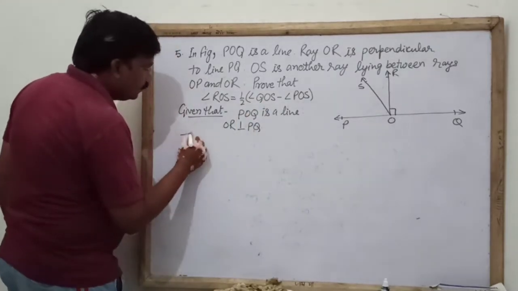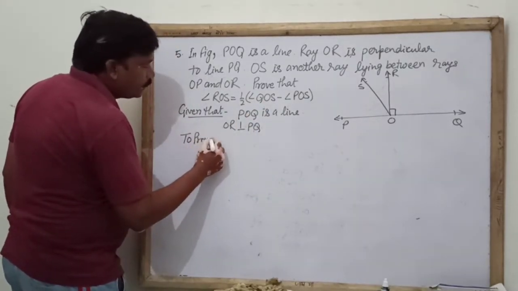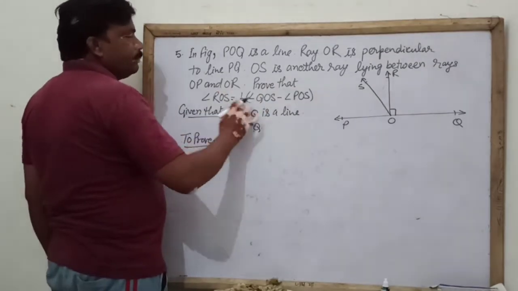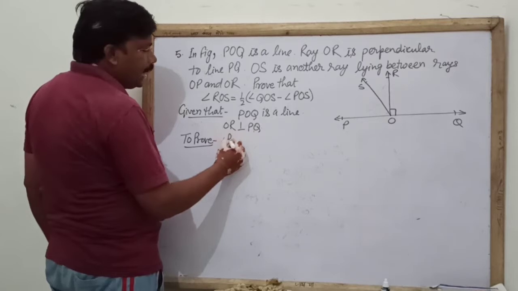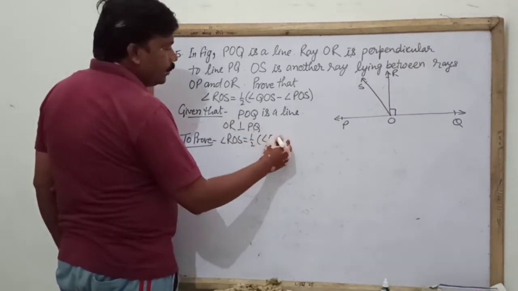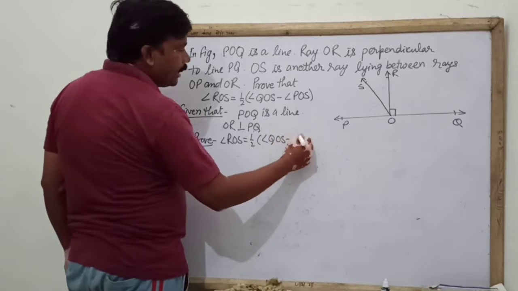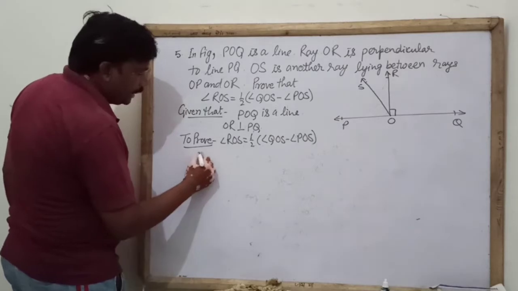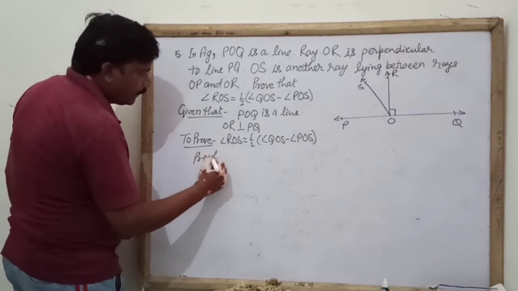To prove, what is to be proved? This is to be proved: angle ROS equal 1 by 2 of angle QOS minus angle POS. Then we move to the proof.